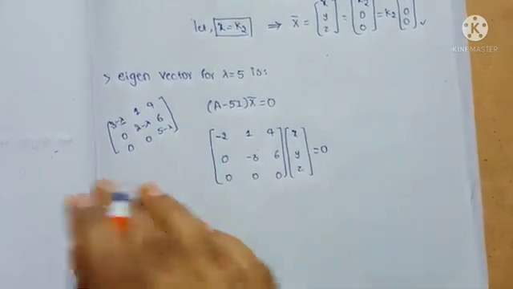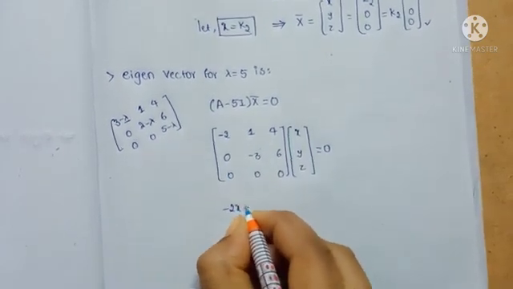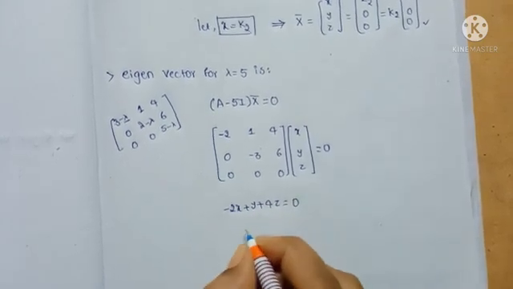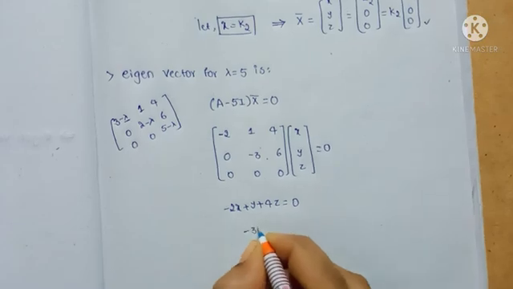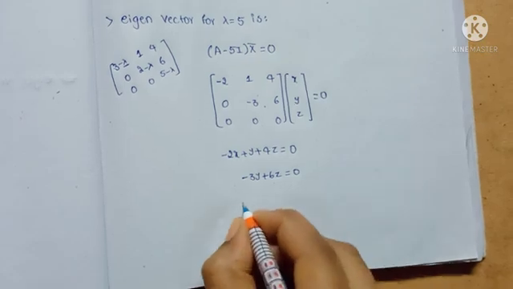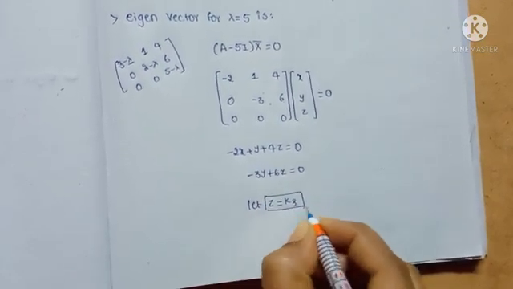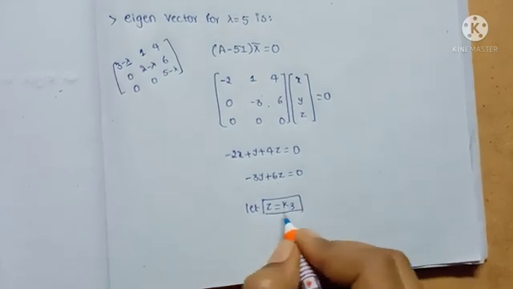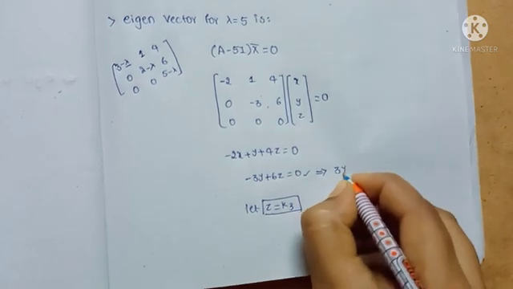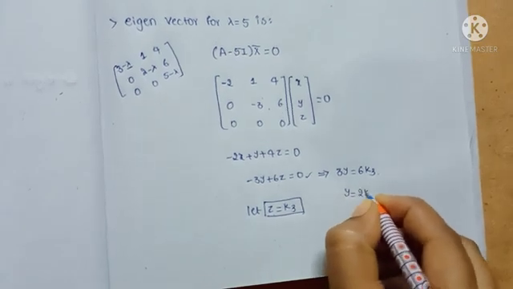Now we write this in equation form: minus 2x plus y plus 4z equal to 0, and similarly for the next row, minus 3y plus 6z equal to 0. Here we are assuming z equal to a parameter k3. By substituting z equal to k3 in this equation, we get 3y equal to 6k3 and y equal to 2k3.